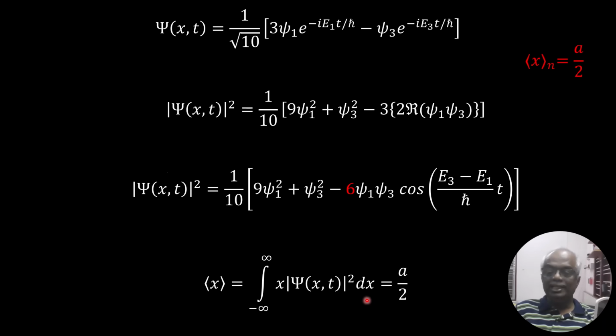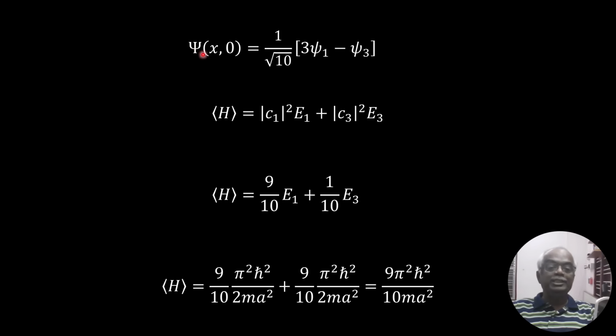You know very well, this happens because the initial wave function is symmetric about the midpoint, that is x equal to a by 2, and the time evolution does not break the symmetry. So you need not do any calculation. Based on this physics principle, you can simply write the expectation value of x is equal to a over 2.